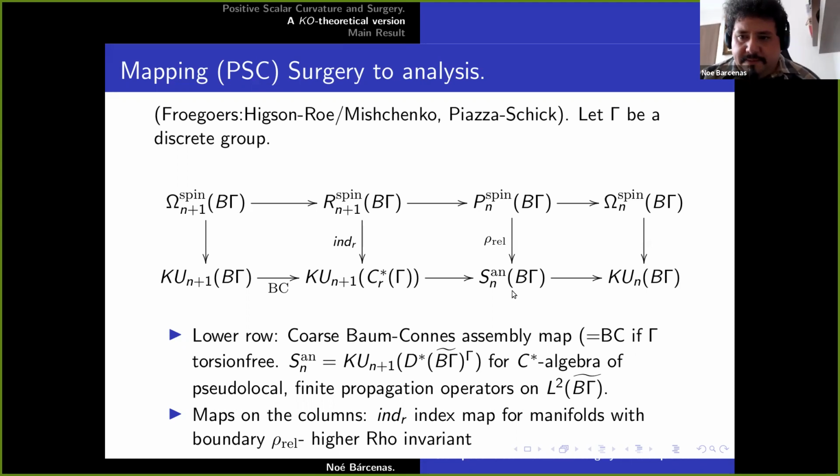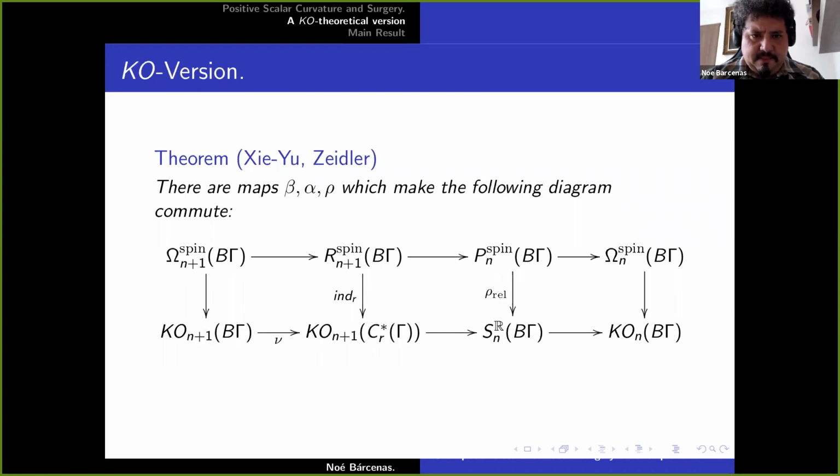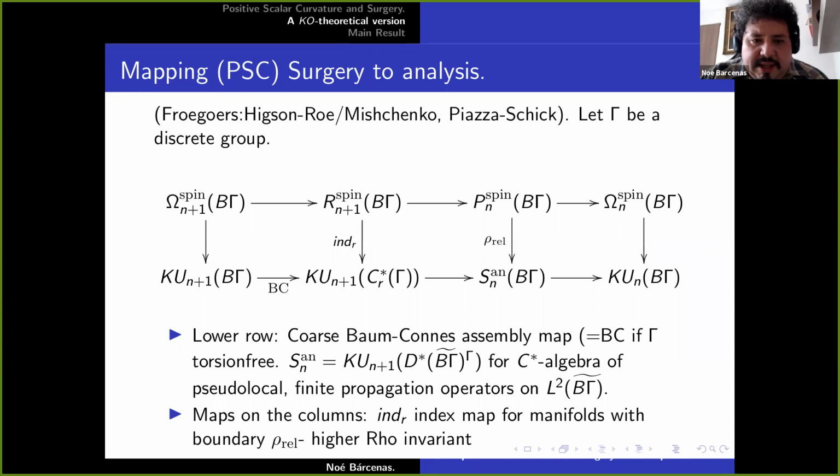And I will tell you in a few slides something about the exterior columns and how they are interacting. Okay, so now there is a more refined version. If you see this, this is the complex K theory on the bottom of the diagram.